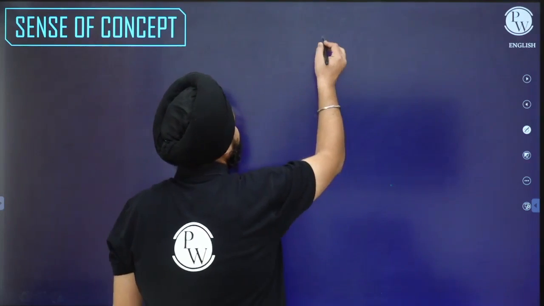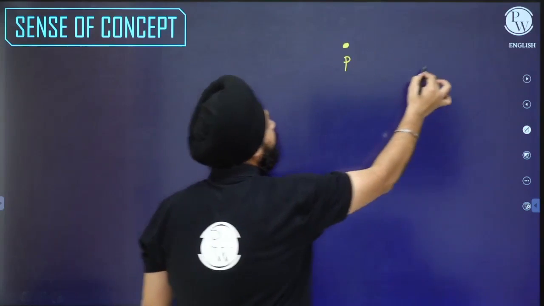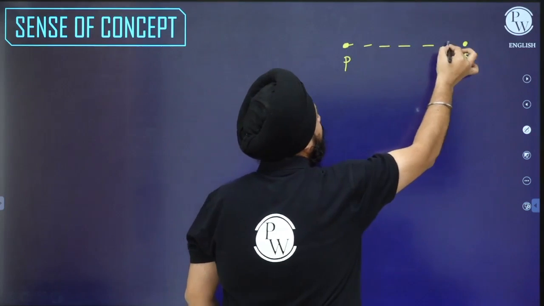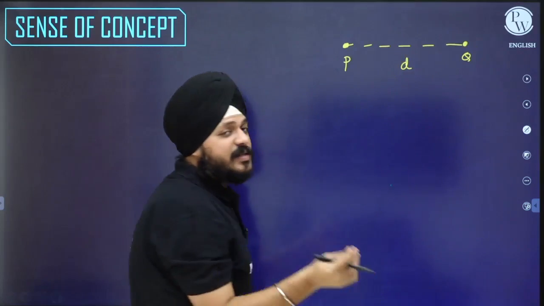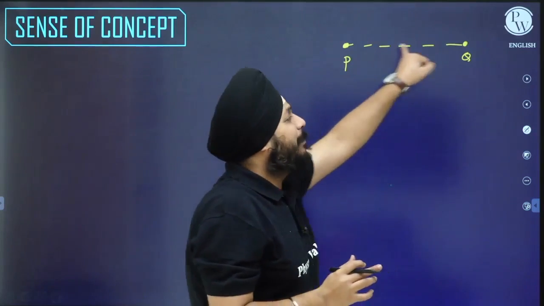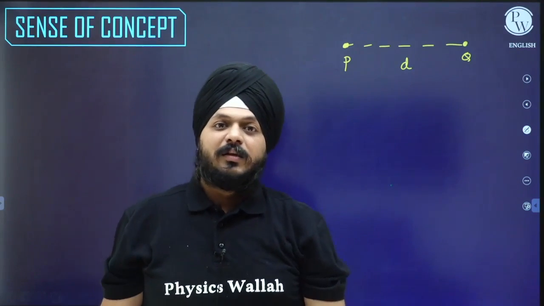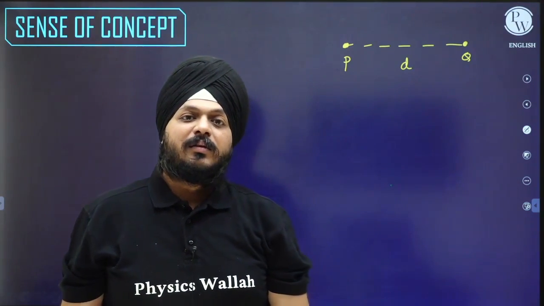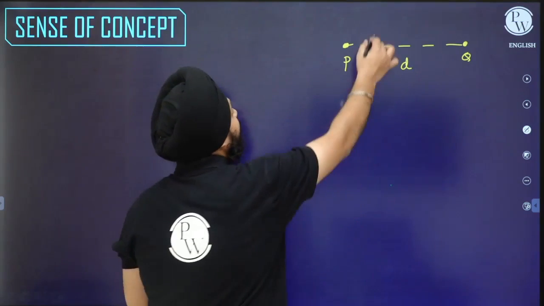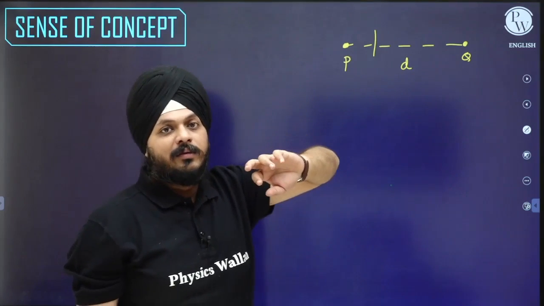So first, let us take an example. The same example: the particle is moving from P to Q. There is a possibility that the entire path can be broken into n number of parts. For the first time interval, the particle can go with speed v1 for time t1.